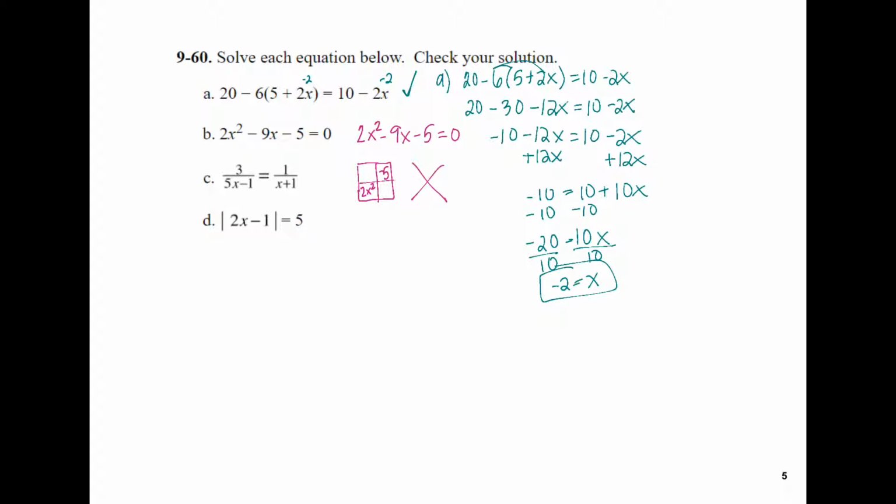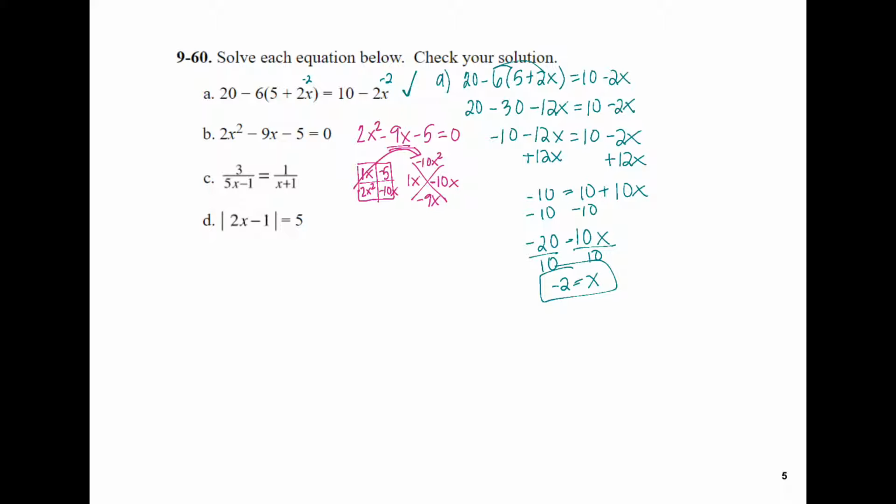So I'm going to use my generic rectangle. My diagonals multiply to get negative 10x squared. My linear term goes in the bottom. I know that 10x times 1x gives me 10x squared. If I make my 10 negative, I get negative 10x squared in the top, negative 9x when I add them together. So I'm going to move those terms over here.